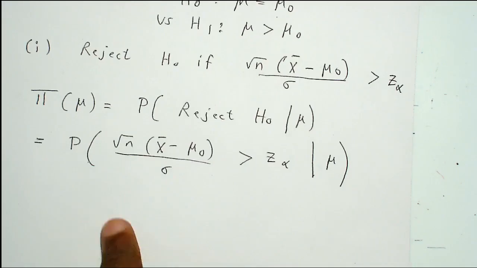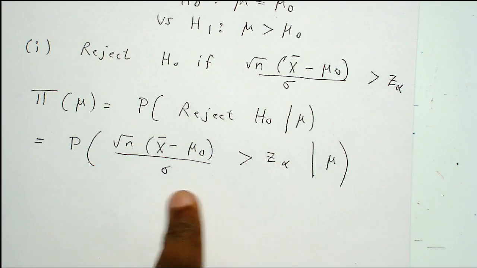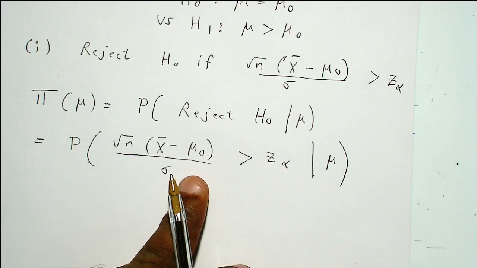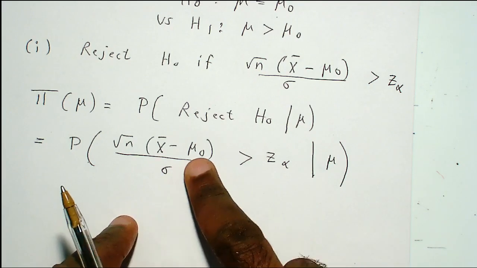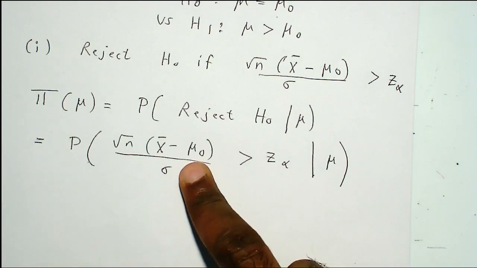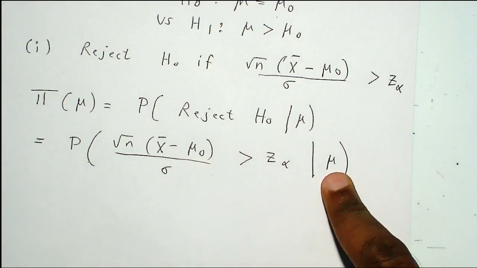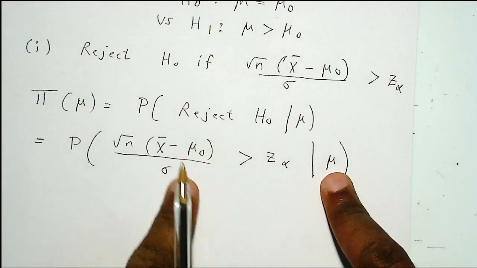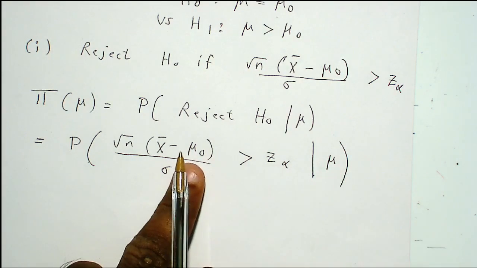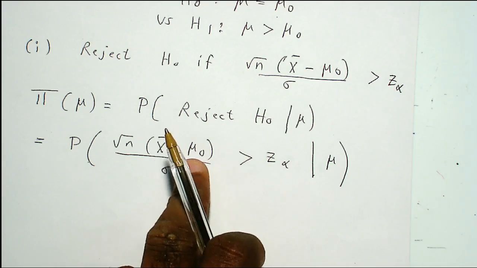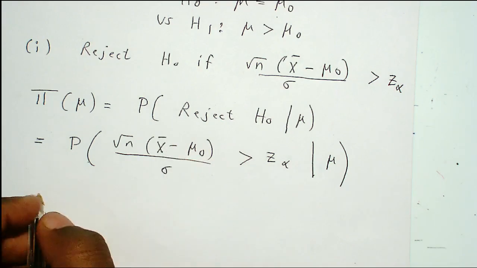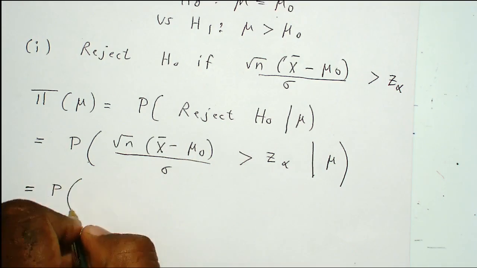Now how would you work this out? Any ideas, guys? To work this out, the first thing you must realize is that mu 0 is not the true population mean anymore. The true population mean is mu, not mu 0. So the first thing you should do is to change mu 0 to mu. How can you do that?